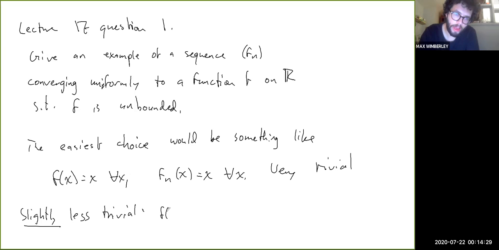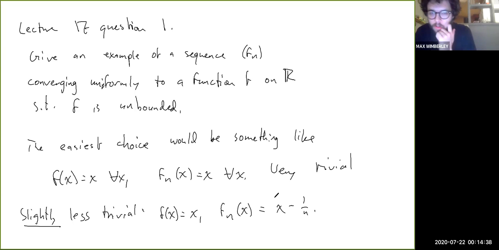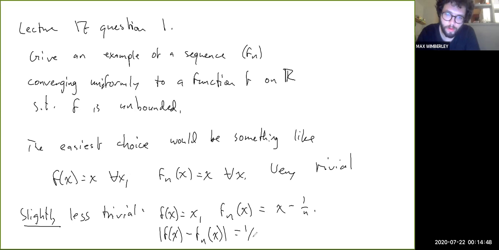Take f of x equals x and f_n of x equals x minus 1 over n, right? So then clearly the absolute value of f of x minus f_n of x just equals 1 over n for all x, right?